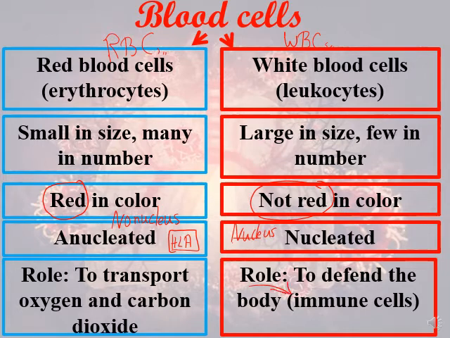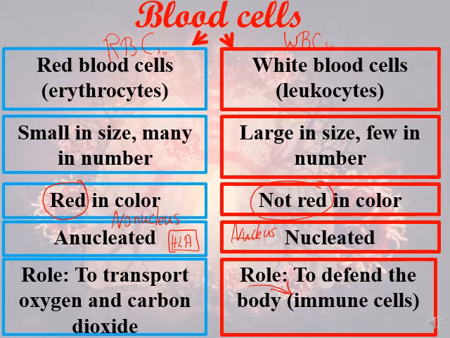So let's make a quick revision about this important table of comparison between the white blood cells and the red blood cells. Red blood cells, as I said, erythrocytes. White blood cells are called leukocytes. The red blood cells are small in size and many in number, whereas the white blood cells are large in size and few in number.